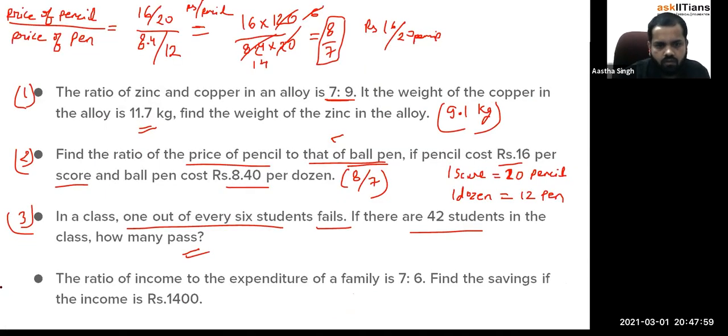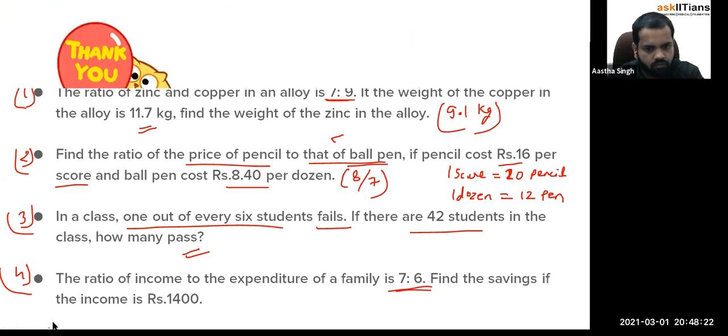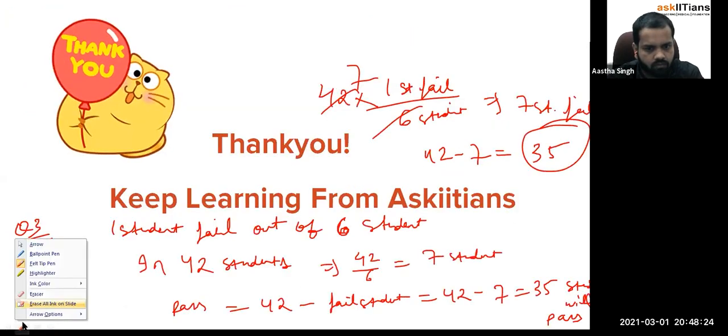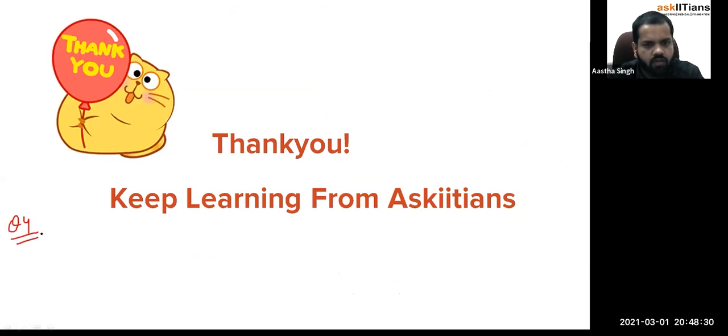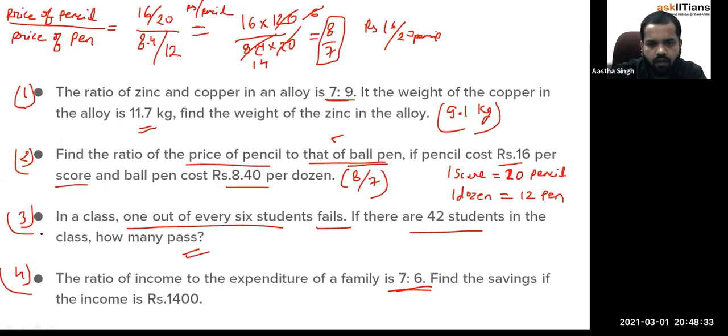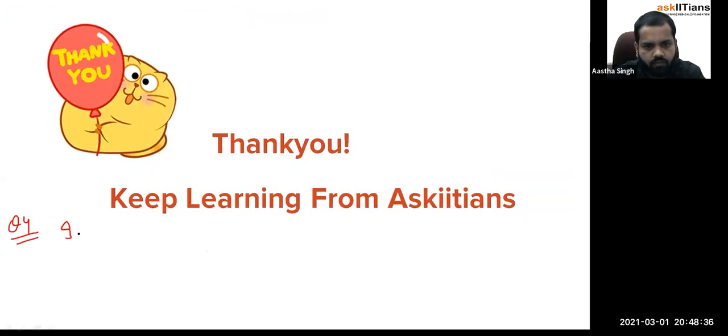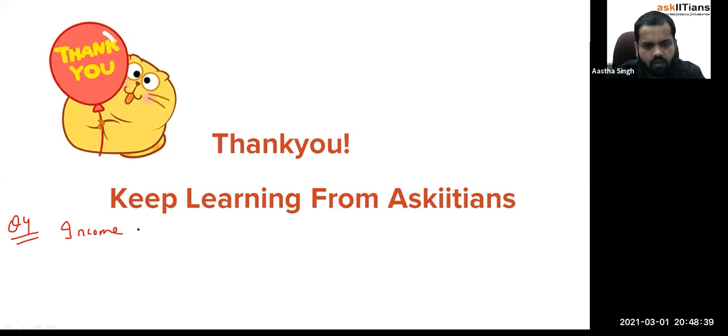We'll do your last question. The question is telling the ratio of income to the expenditure of the family is 7 to 6. Find the saving. So guys, question 4 is about income and expenditure.